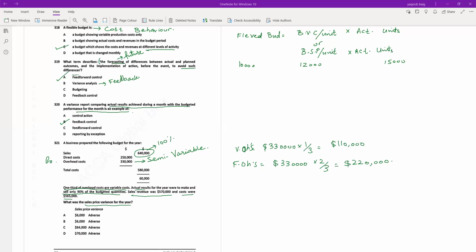So actually we sold what? 90% of the budgeted quantities. So what we can do, we can flex our sales revenue. Flex sales revenue is equal to 640,000 multiplied by 0.90.